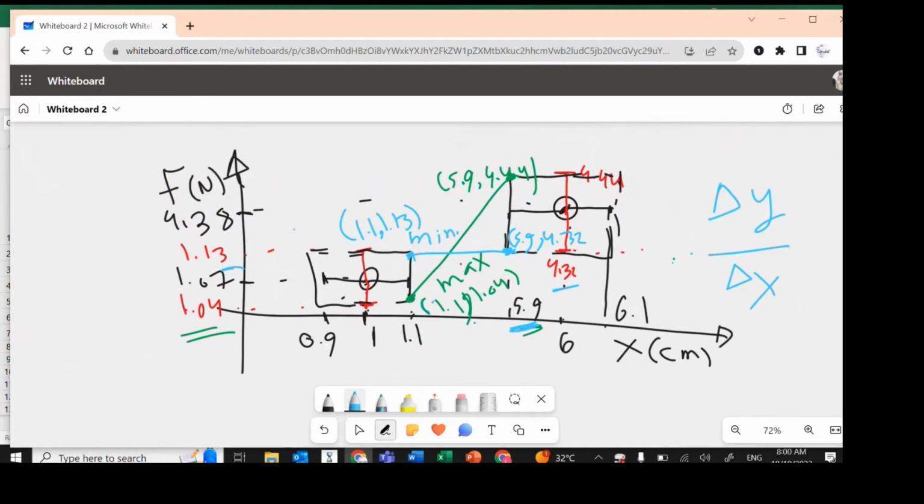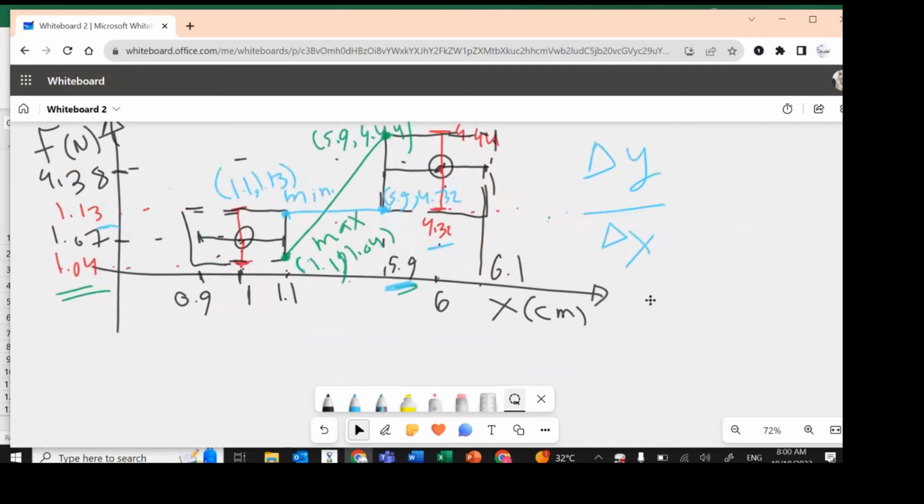So if I need to find the maximum slope, Excel can do that, but I have to explain it first, and then I'll show you how to use Excel. So we need to find the maximum slope, delta y divided by delta x.